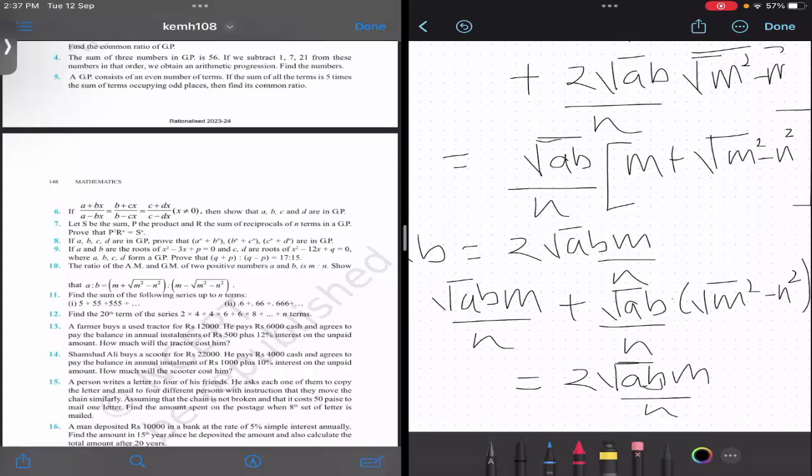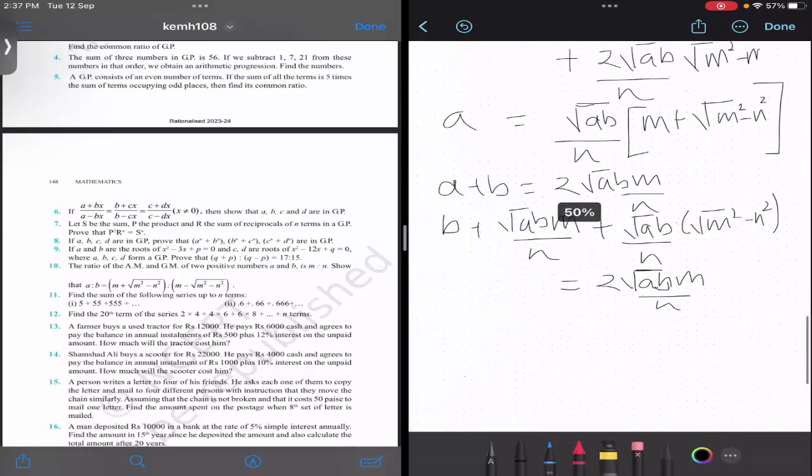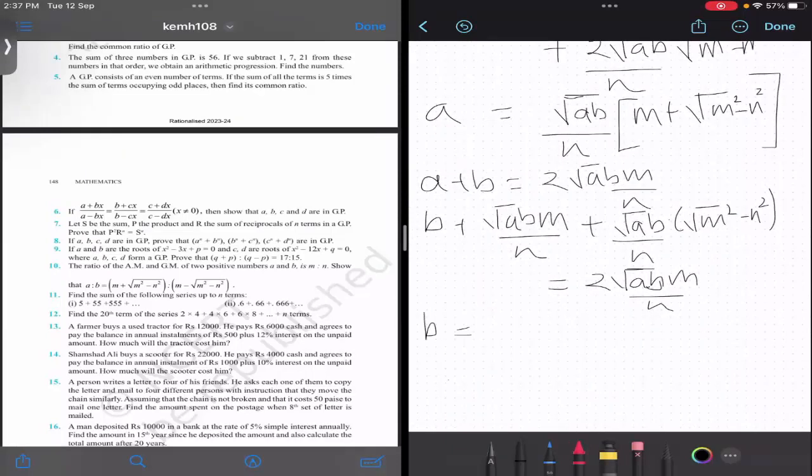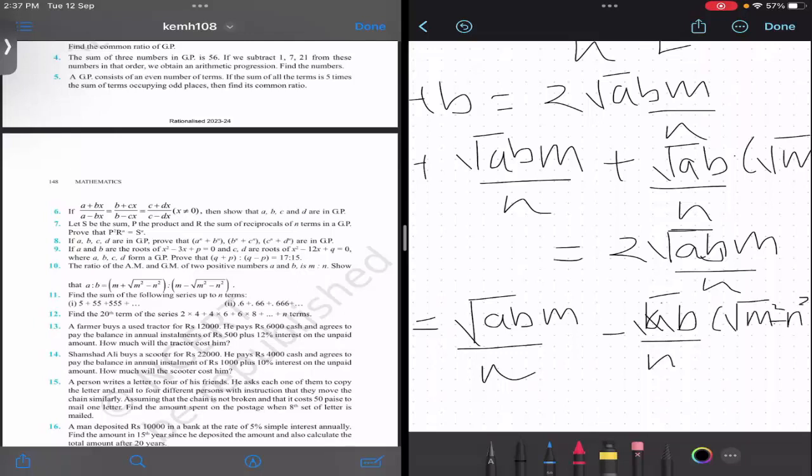Taking this entire term of A out onto the RHS, you would have B as being equal to root AB M upon N minus root AB upon N in the brackets under root M square minus N square.